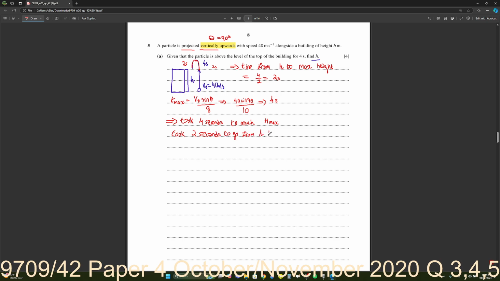So from h to the maximum height. Therefore, how many seconds were left? That means it also took 2 seconds to go from y0 to h. So, therefore, it took 2 seconds to go from y0 to h.